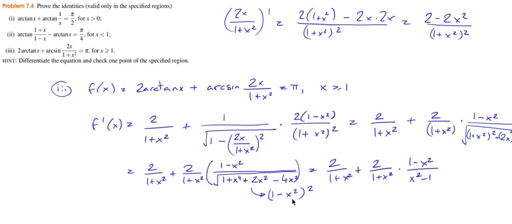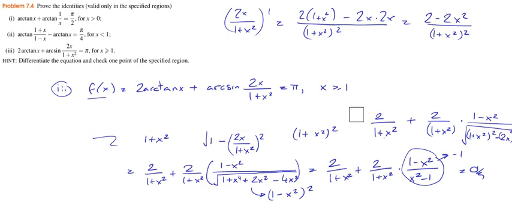Because the square root of this, taking the positive value, is going to be x squared minus 1, okay? And so this division is going to be minus 1, this minus this is equal to 0. So that proves that this function f prime is 0, that means that the function is constant, okay?